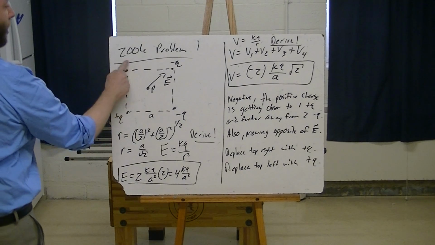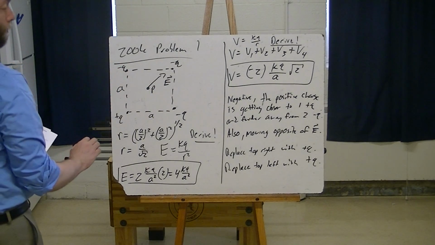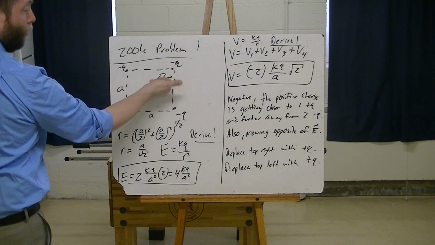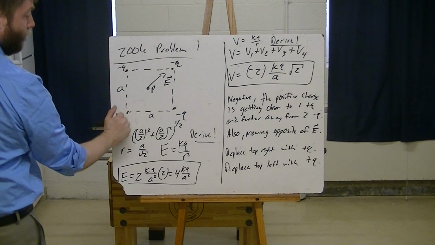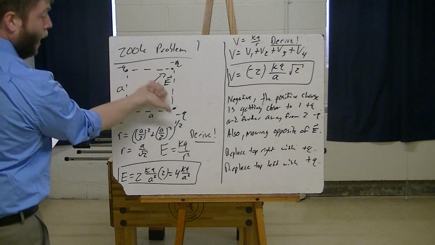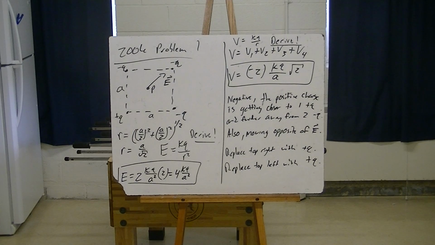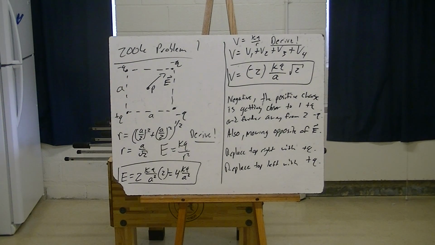If I change this to a positive up here, then the electric potential would be 0. The electric field would still be pointing to the right overall, because this guy's pointing down and right if this is now positive. This guy's pointing up and right, so overall to the right. So one way to establish this is to change the negative charge into a positive charge.